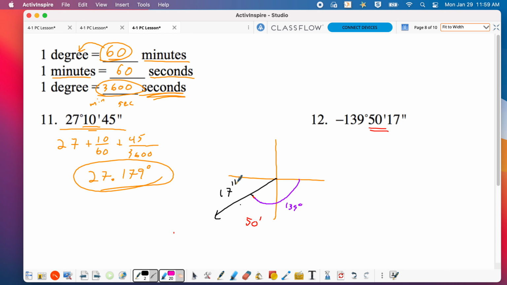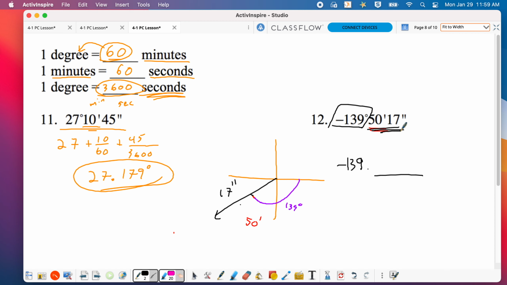And what that also tells me, this angle rotated down 139 and a little bit more. So my angle in a decimal should be 139 point something. If you got 138.7, what you did, all you had that was negative was the 139. And then you started doing positive angles for the rest.